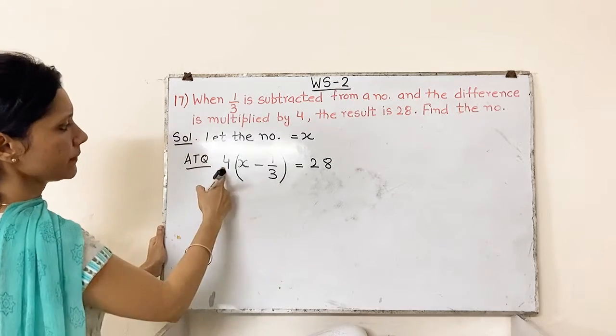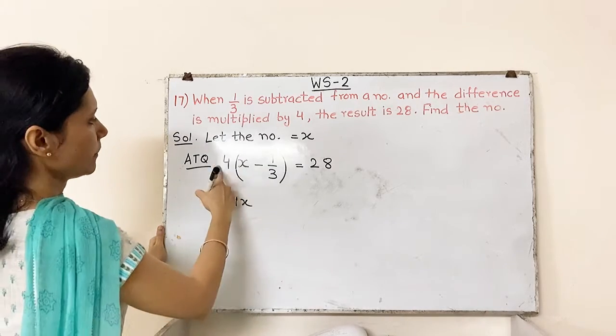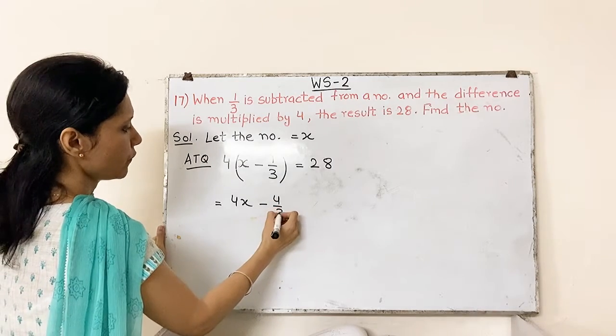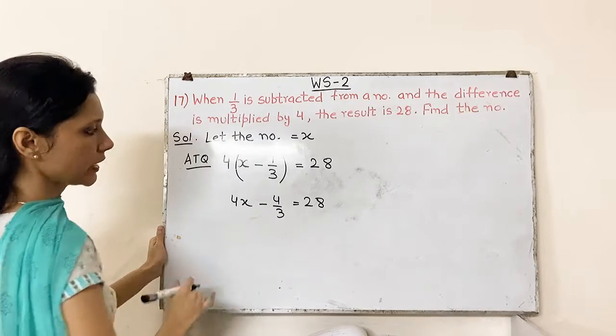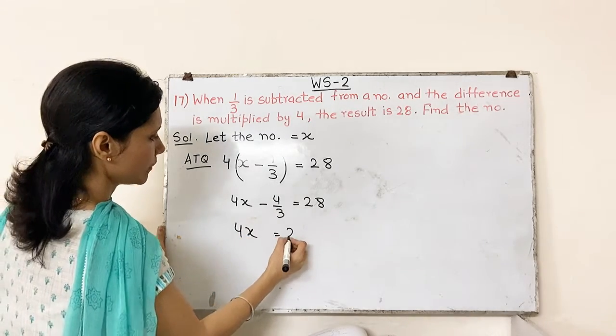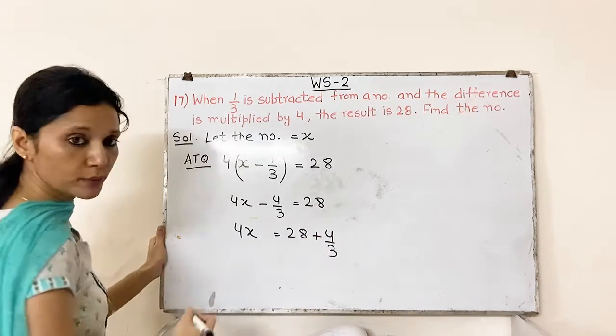Let us solve it. Open up the bracket. 4 into x is 4x, minus into minus, 4 into 1 upon 3 is 4 upon 3, is equal to 28. So now we'll keep 4x on this side and move minus 4 upon 3 to the other side. It would become plus 4 upon 3.